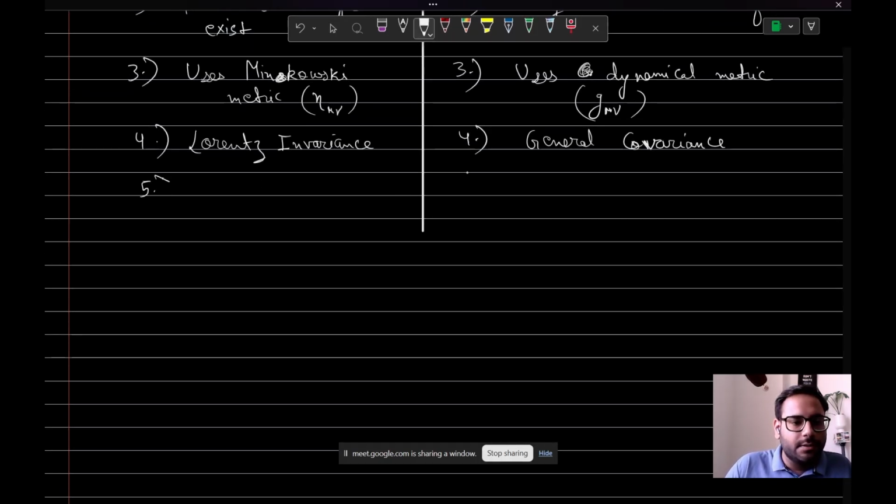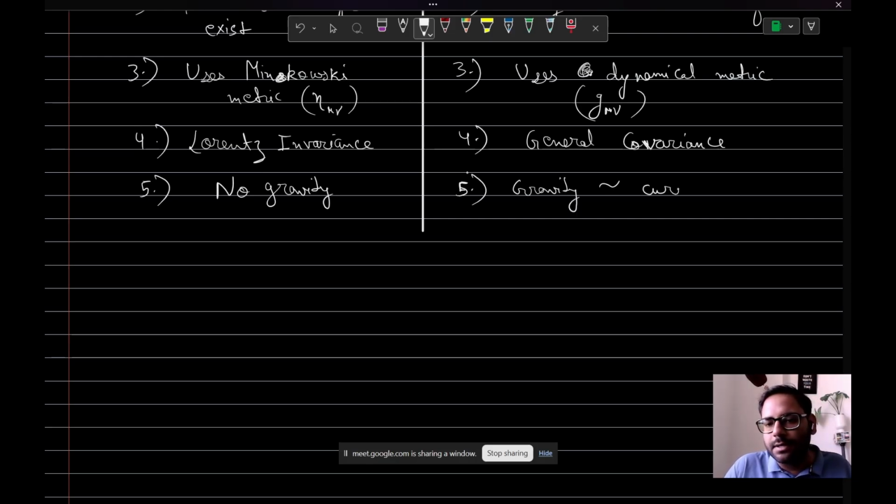The fifth point is that in special theory of relativity there is no gravity. We do not take gravity into account. But in general theory of relativity, gravity will be manifested as the curvature in spacetime geometry.